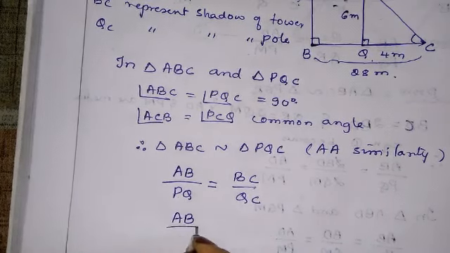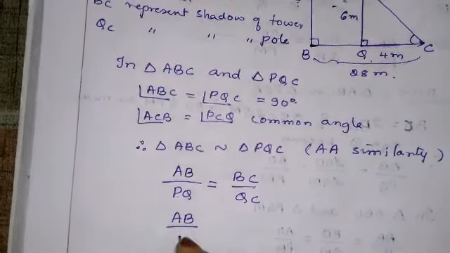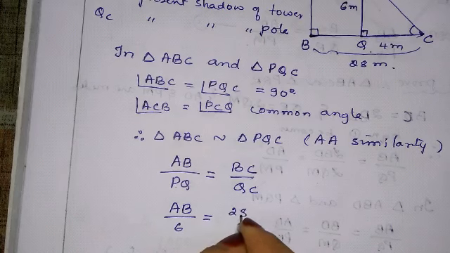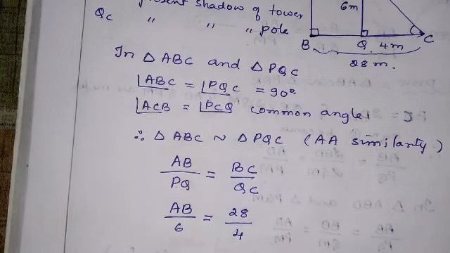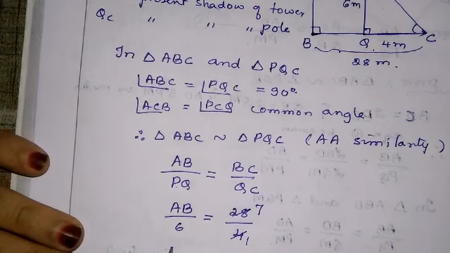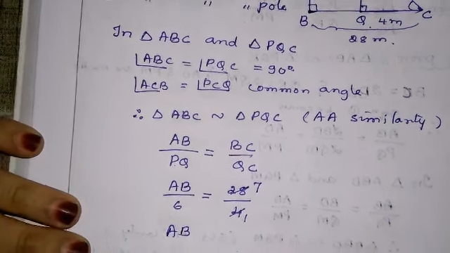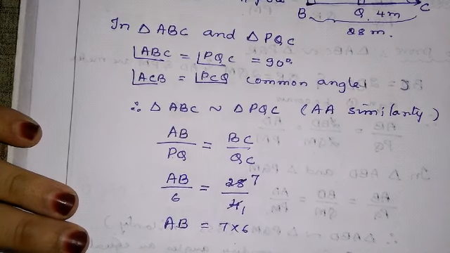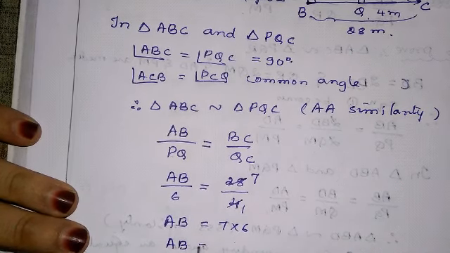PQ they have given 6. BC they have given 28. And QC we know it is 4. 4 ones are 4, 4 fives are 20, 4 sixes are 24, 4 sevens are 28. So AB is equal to 7 into 6. AB is equal to 42 meter.